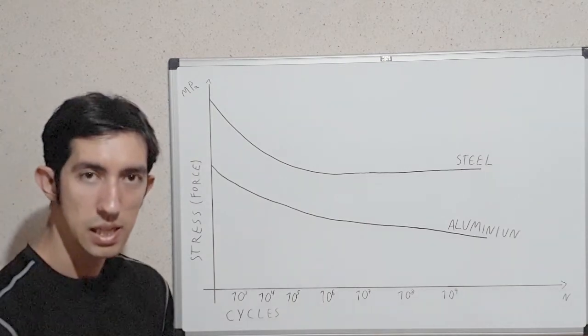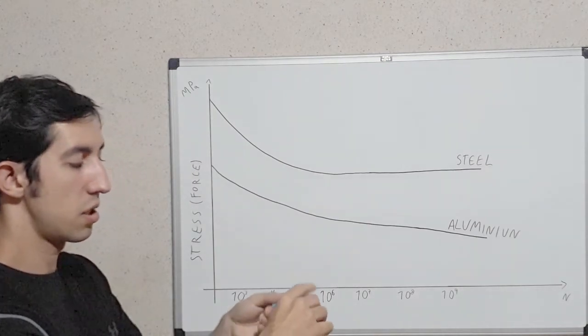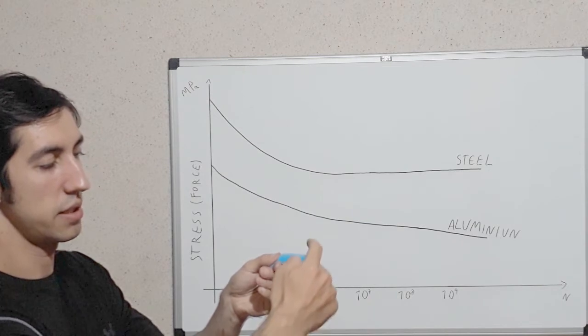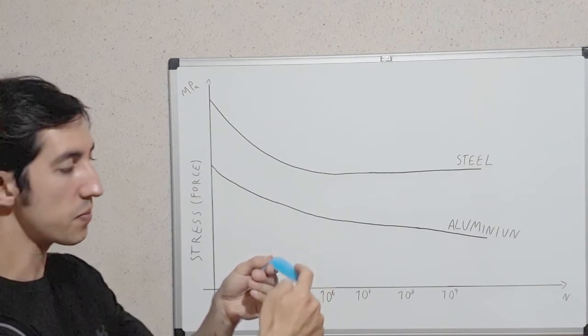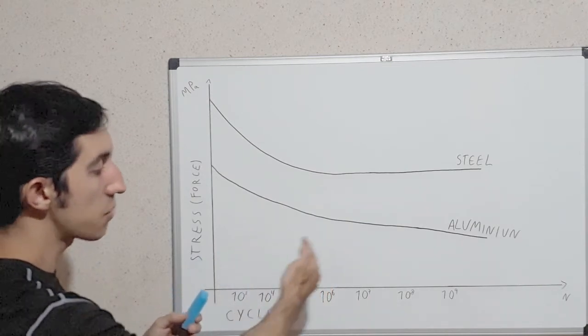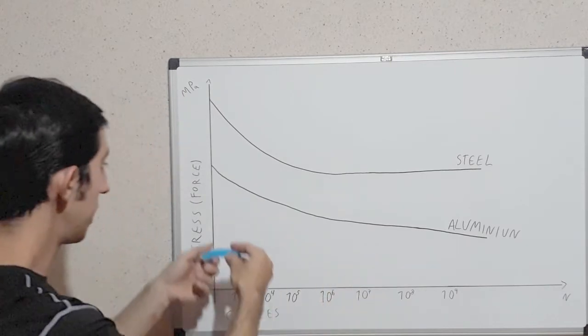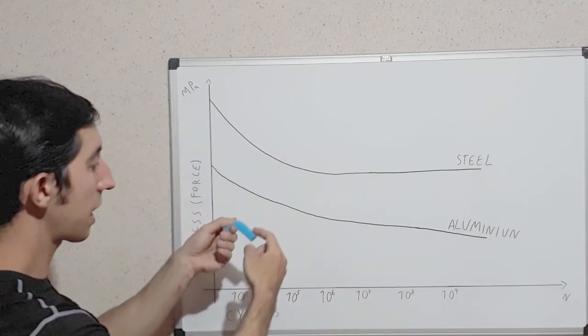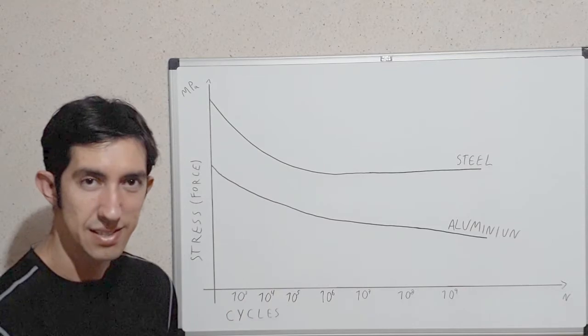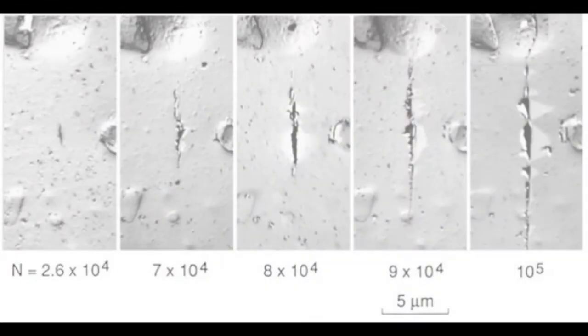And at the beginning, the material holds the number of cycles. As the number of cycles increases, the material starts to make little cracks inside, like this picture. Cracks very small, 10 times smaller than a human hair. And these cracks start growing and growing until the material breaks.